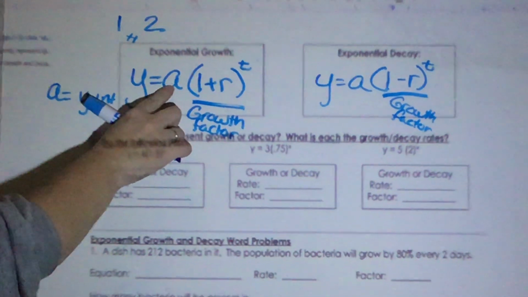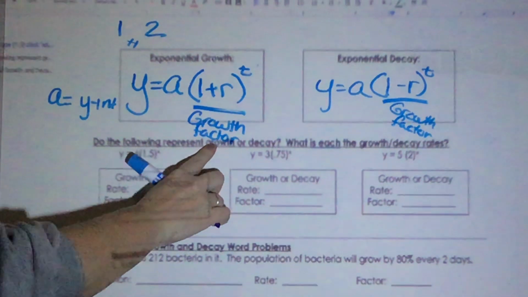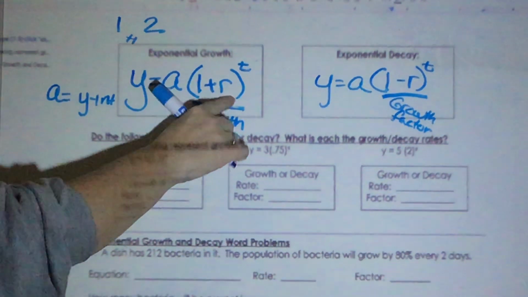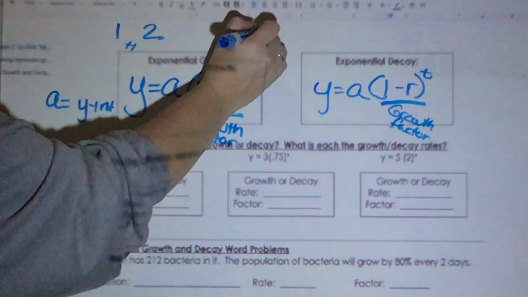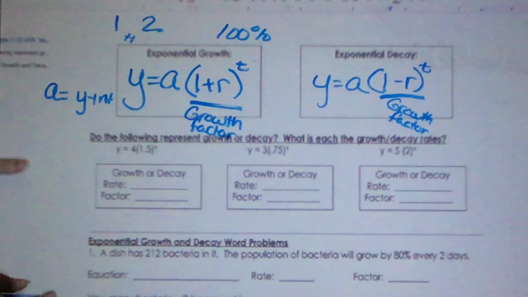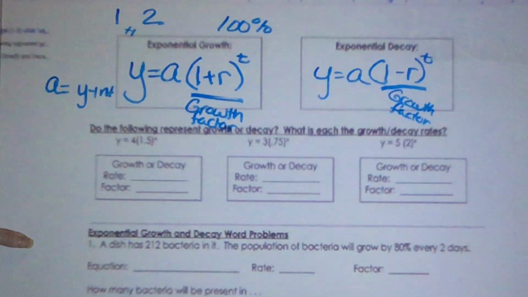So for the paper folding, you started at 1 rectangle. Then it doubled. It grew 100% each time. The growth rate was 100%. Rates are generally given to us as a percentage, but we're going to change the percentages to decimals in order to work with them in the equation.